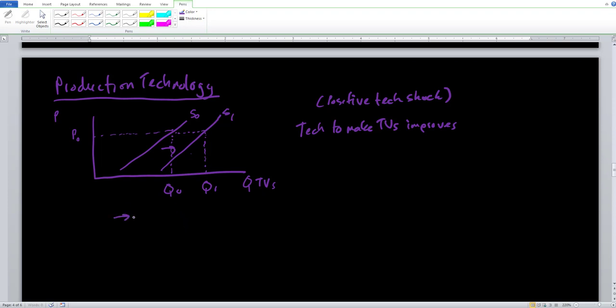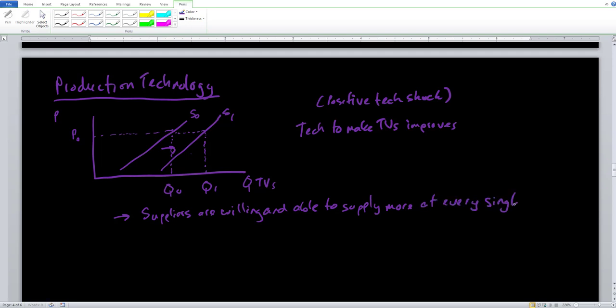So just like in terms of demand, on the supply side, suppliers are willing and able to supply more at every single price.